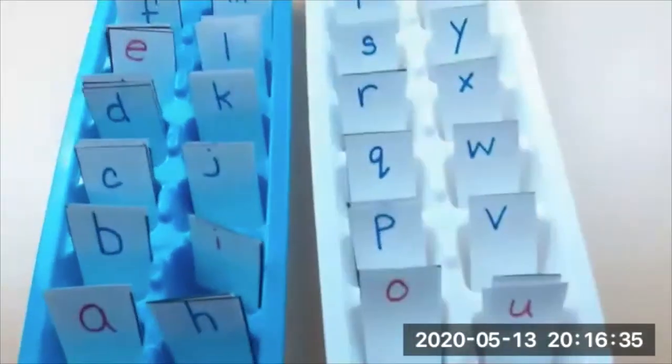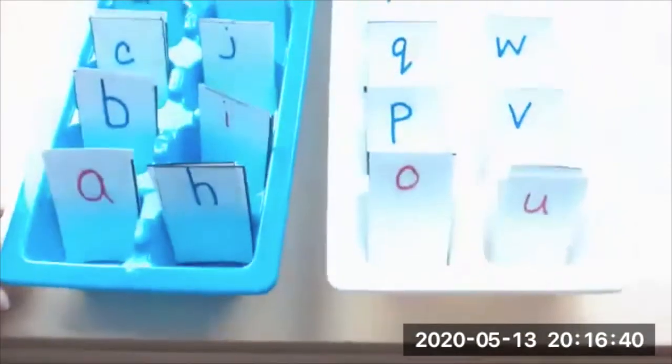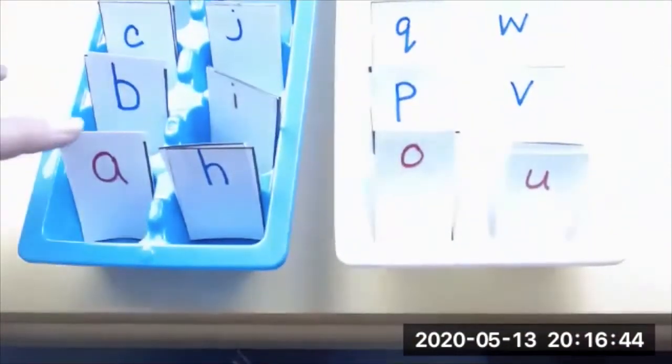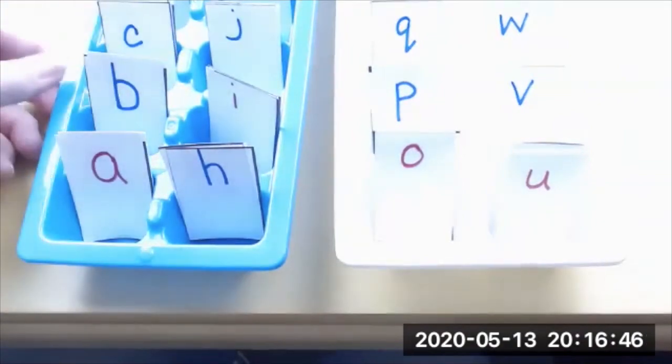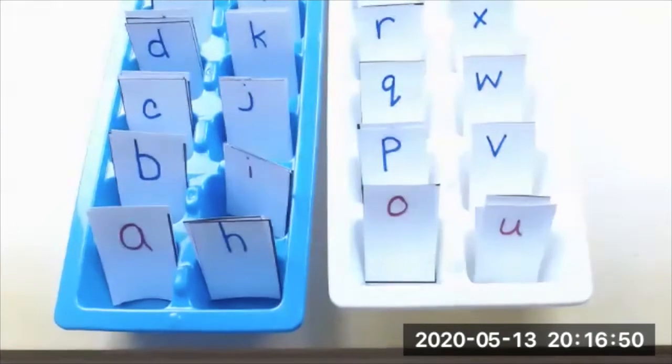All right, so Miss Grace, we have thought about some of the words that double F, double L, double S, and double Z. So right now, how about we get out our letters and we can spell some words with it? Would you like to do that? Sure. Okay, so today I have letters that are homemade letters for us that I put in an ice cube tray, and I took a bingo page and I cut the letters out so that they could be in an ice cube tray for us to use and to spell with.